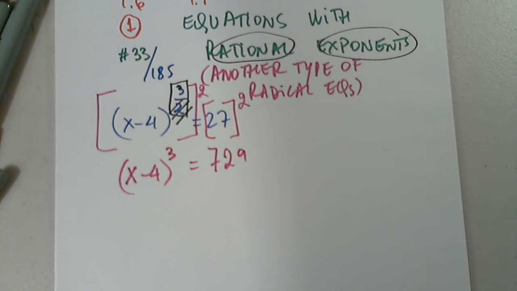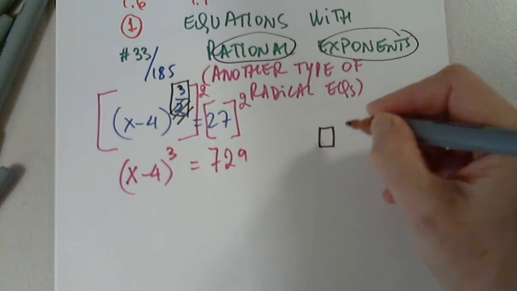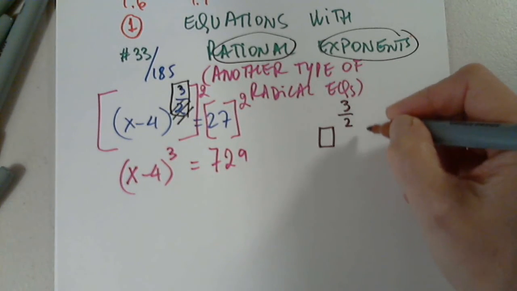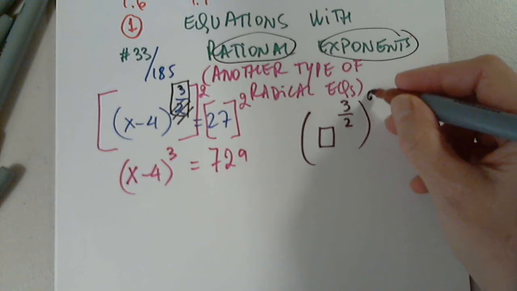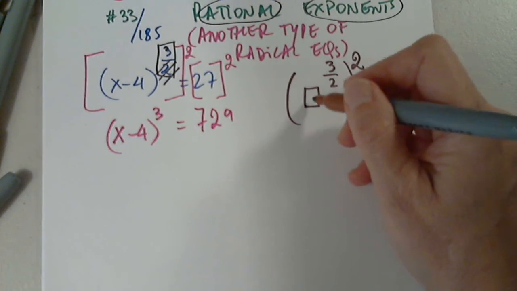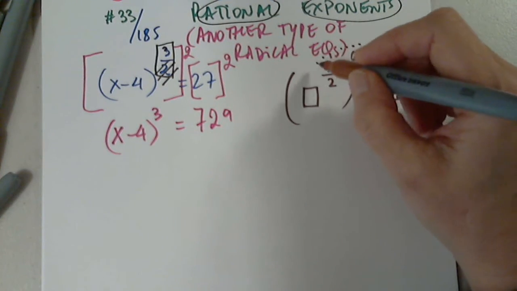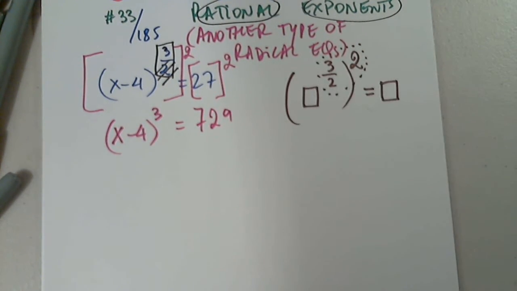Let's discuss this. It's okay. So I have a quantity raised to power 3/2, and I want to raise it to the second power. The rule says that I copy the base, and what do I do with these exponents? Which operation do I perform?